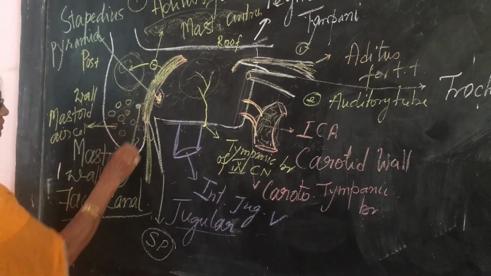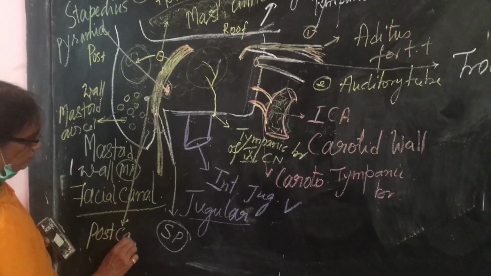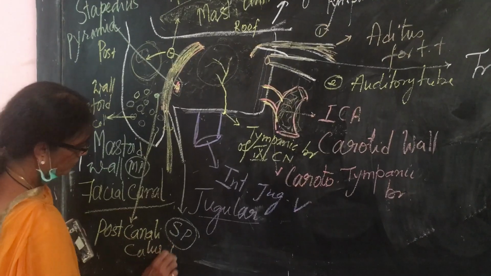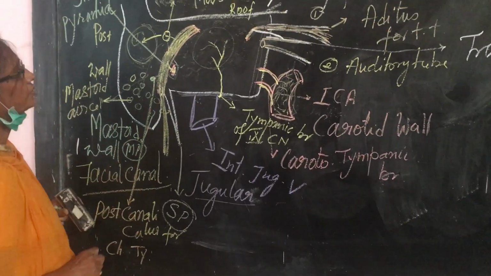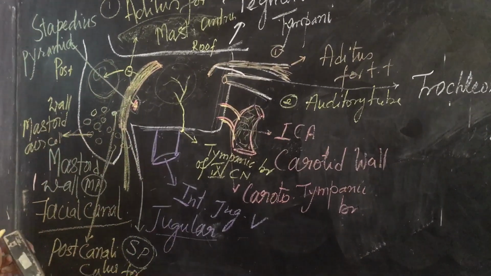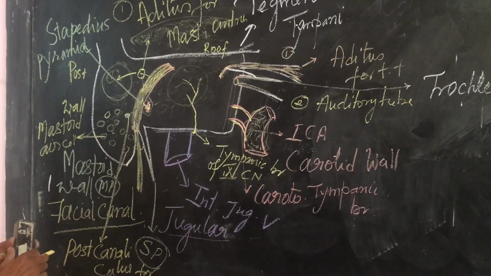So this you call the posterior canaliculus for the chorda tympani nerve. So these are all important features in the posterior wall of the middle ear cavity.